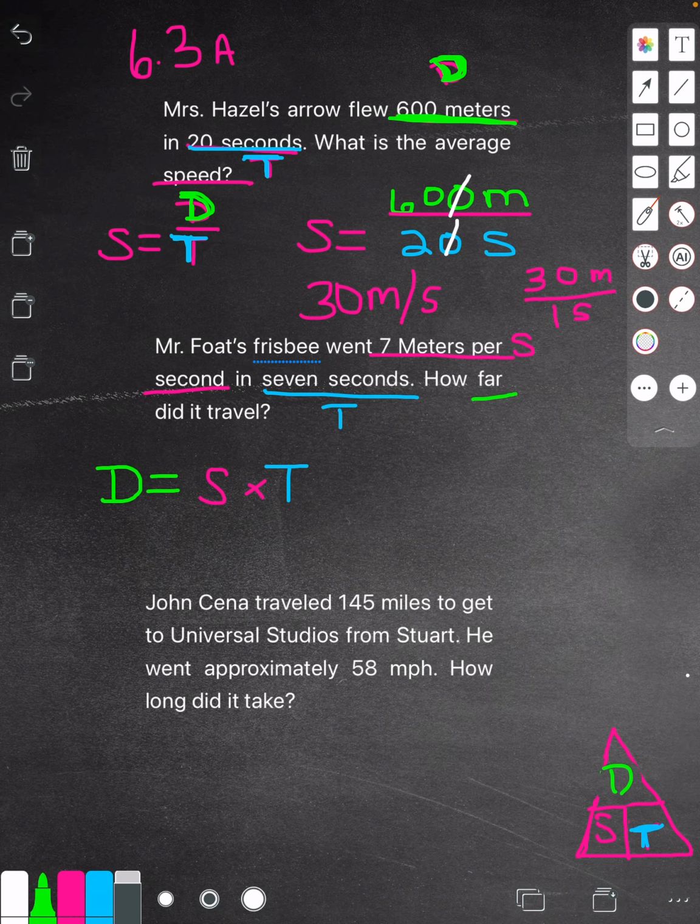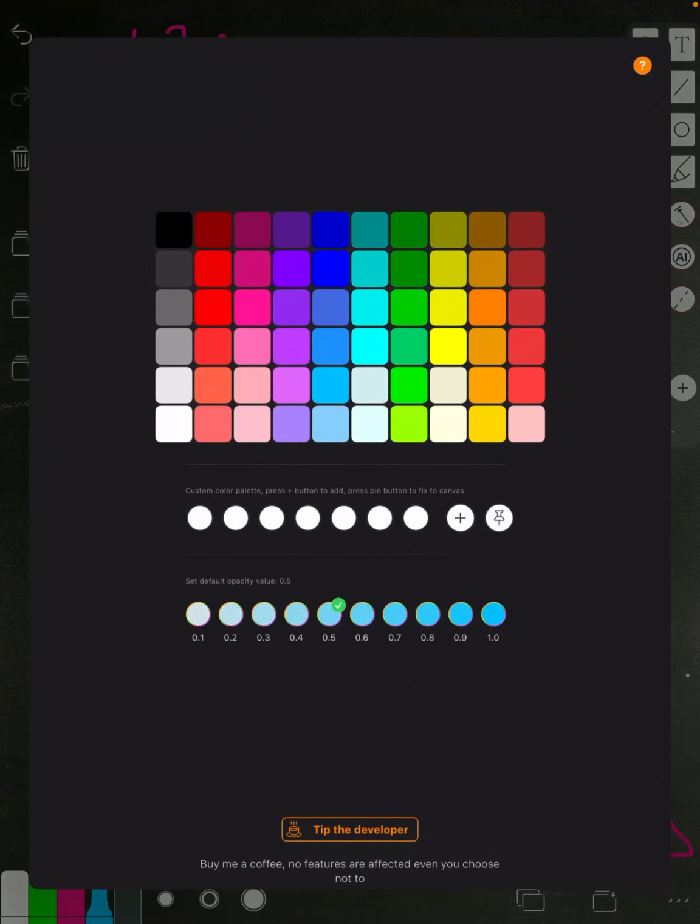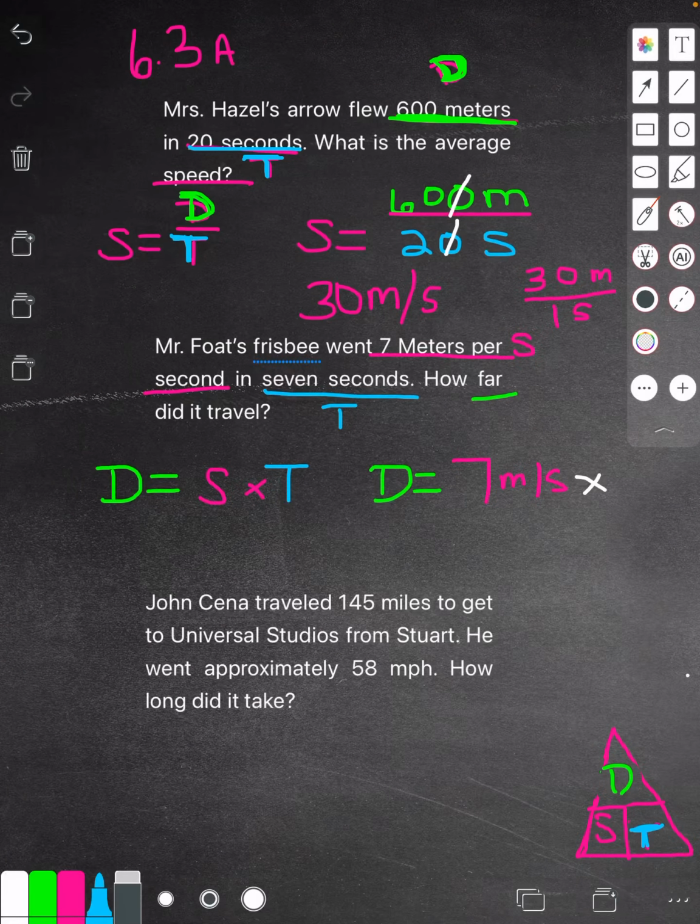Okay. So now I can go ahead and write this problem out using the speed and time that I do have. I'm looking for distance still. My speed is 7 meters a second, and I am multiplying that by my time, which is 7 seconds.